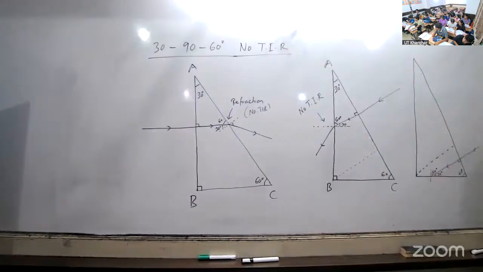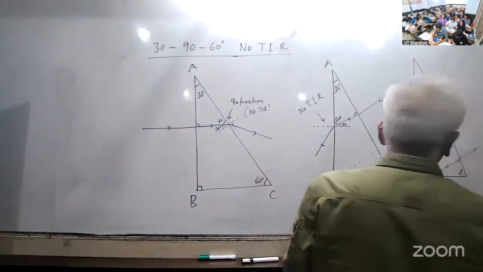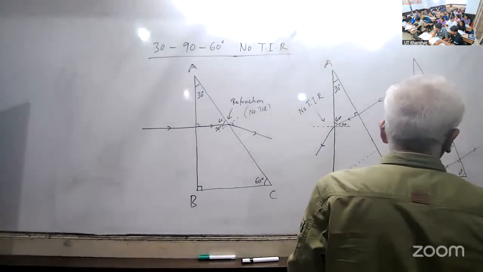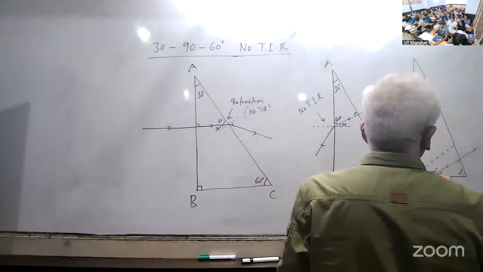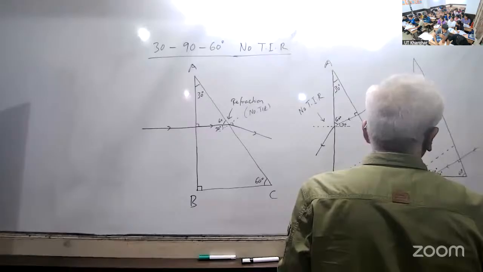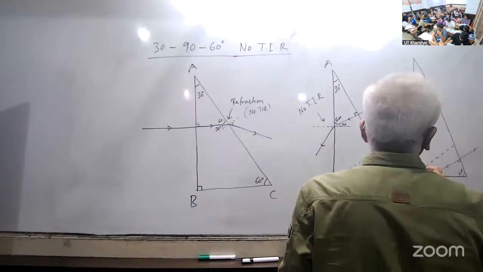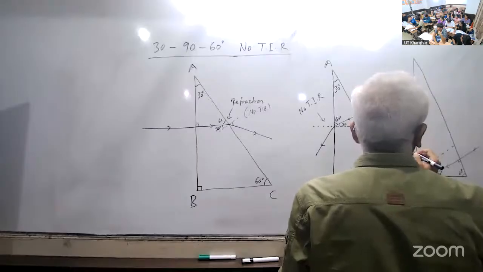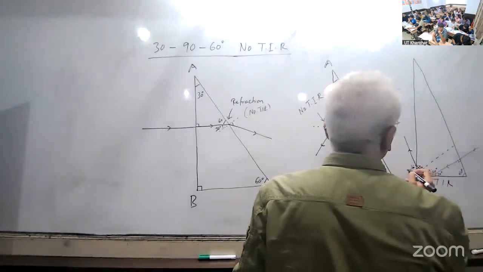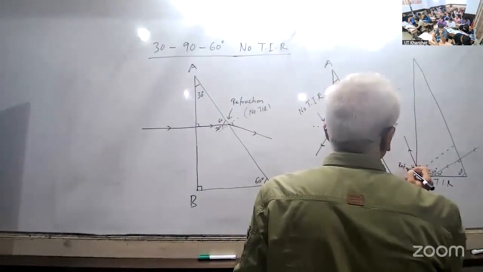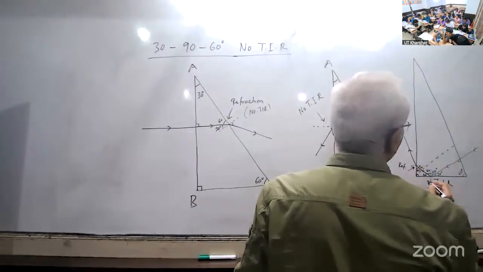So now it will suffer TIR. At this point, there should be TIR. Now this is 60. Therefore, this is 30. And this is 90. Therefore, this must be 60. This will be 30. So again, there will be refraction. Okay, so this point is refraction.